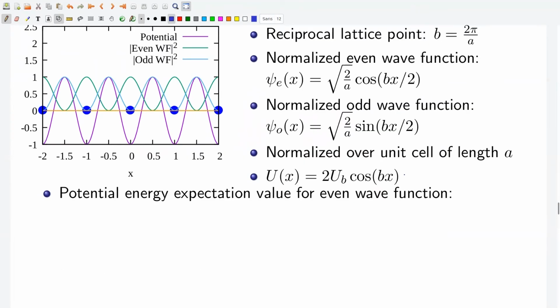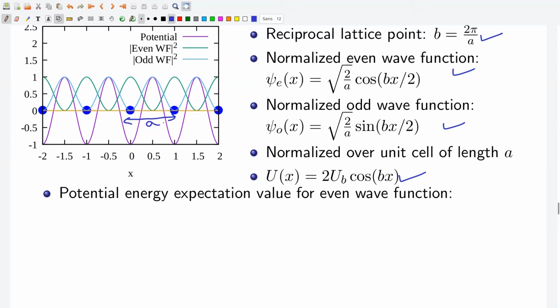We have to calculate the potential energy for the even and odd wave function, where we assume the potential to be equal to u of x is equal to 2 u b cos bx, where b is equal to 2 pi by a. Note that wave functions are normalized considering the length of the unit cell to be equal to a.